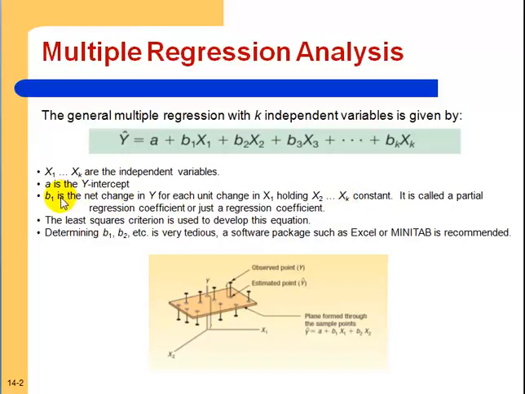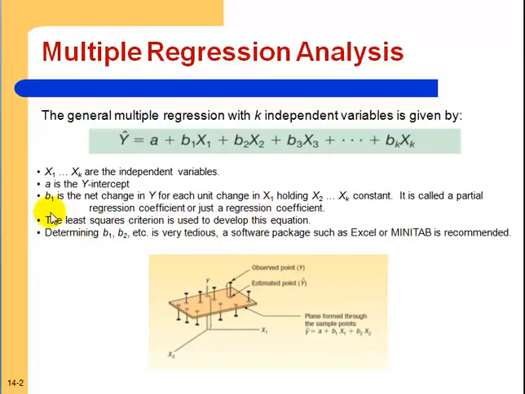If we assume x1 is the outside temperature, then b1 means the net change in y for every degree increase or decrease outside. So it is called a partial regression coefficient, or just a regression coefficient.